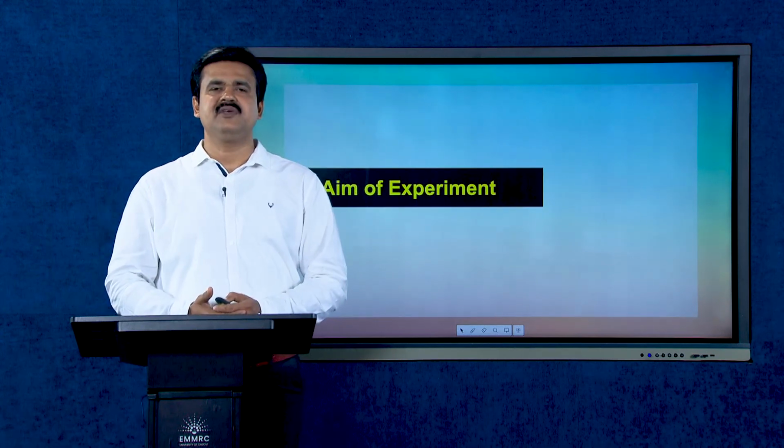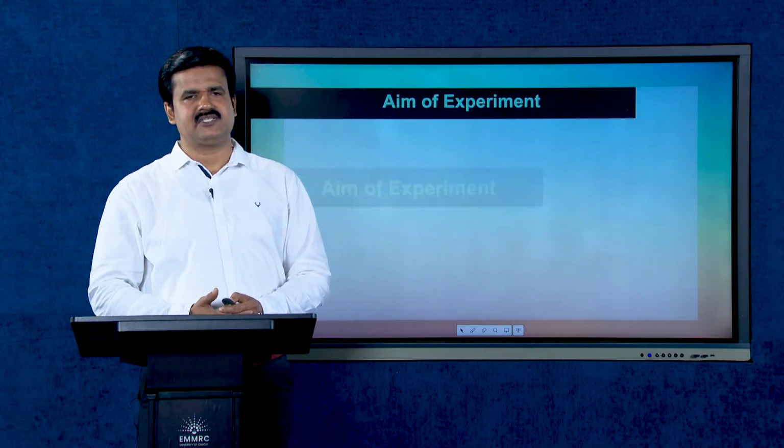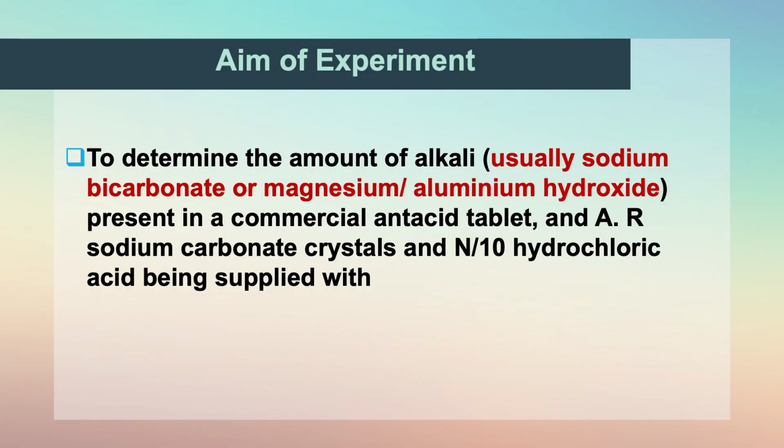Now, the aim of the present experiment. The aim of the experiment is to estimate the amount of alkali. Usually the alkali may be sodium bicarbonate, magnesium hydroxide, or aluminum hydroxide present in a commercial antacid tablet. For this experiment, you need annular sodium carbonate crystals and N/10 hydrochloric acid solution.